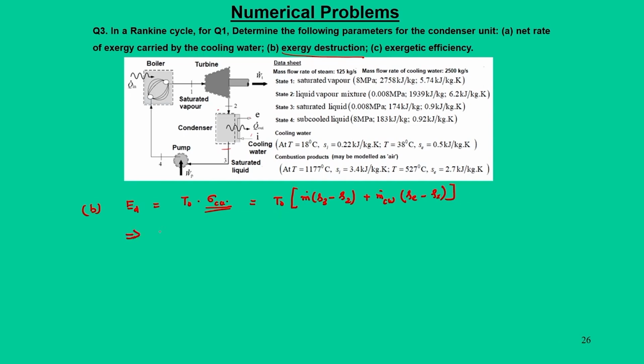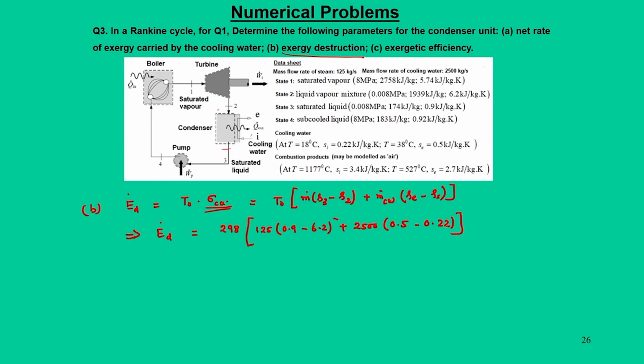By inserting these numbers, we get the exergy destruction as 298 into 125 for steam, that is, the entropy difference is 0.9 minus 6.2, then plus 2500 into 0.5 minus 0.22.